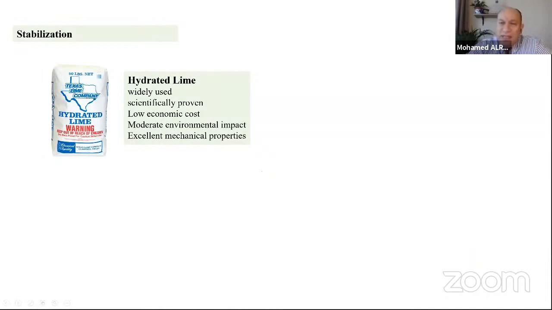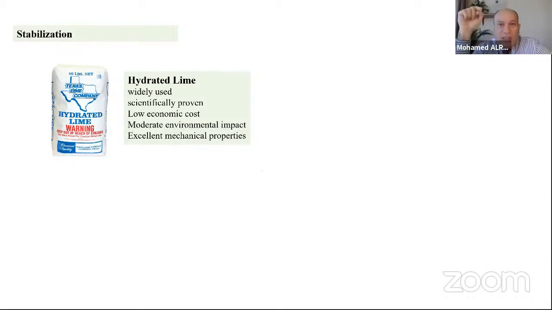There are so many stabilizers available to stabilize your soil and increase its properties. The first, the most widely used and the oldest one, a historical stabilizer since Roman times, is hydrated lime.